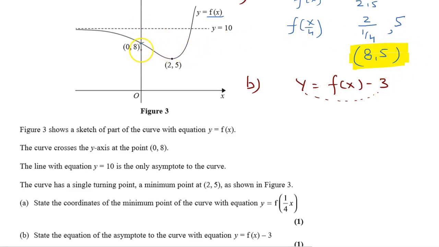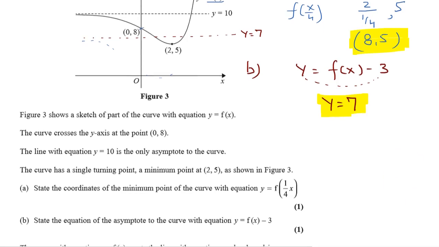This is 10, so the asymptote will be y equals 7. And the curve will come here. He's not asking for the curve, but the whole of this will be shifted that way.